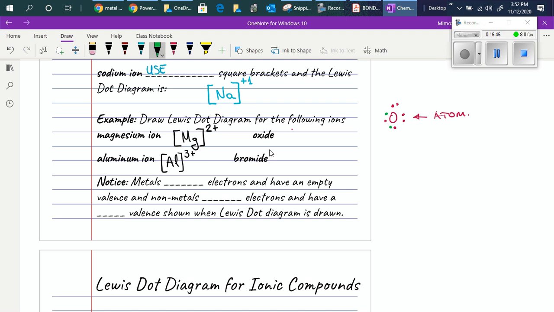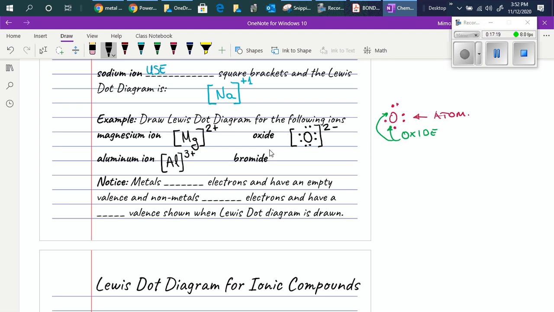So now this is becoming an oxide, by adding those 2 electrons here. Therefore, the Lewis dot diagram in this case will be the symbol, and what we are showing here is that the valence shell is completed, so it will be 2-.